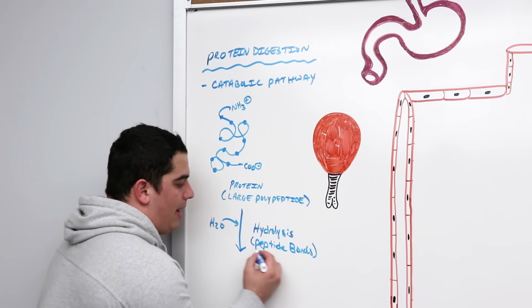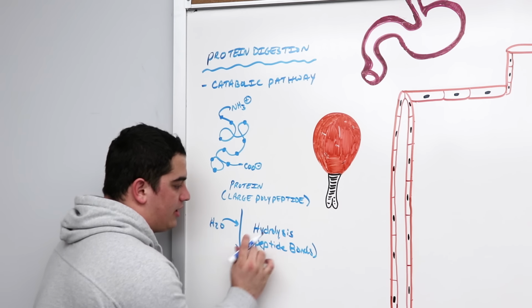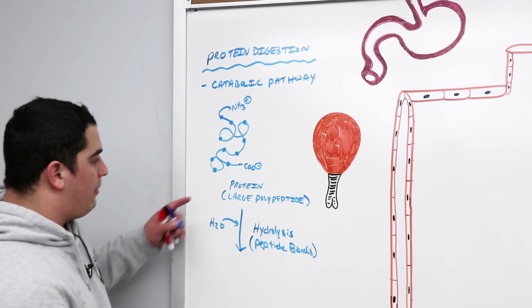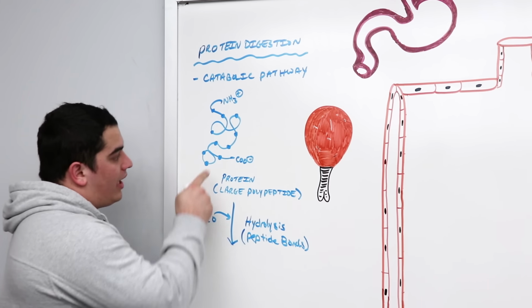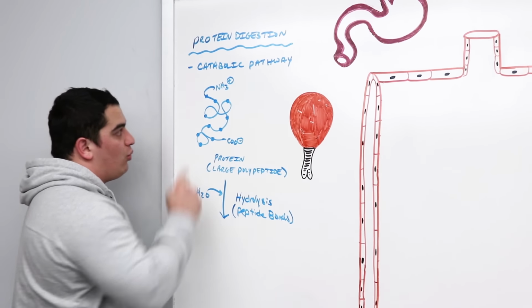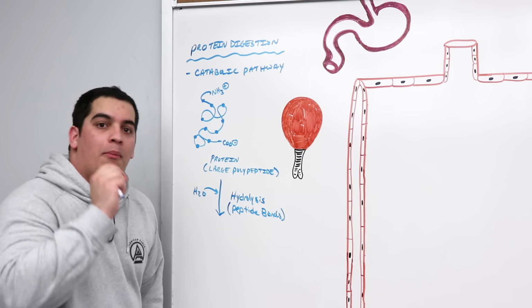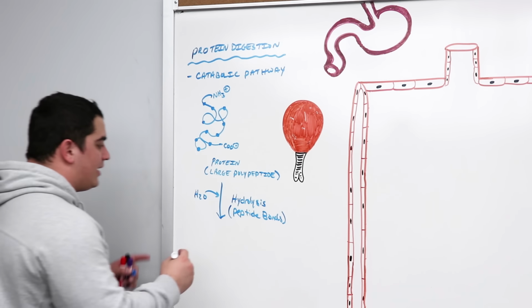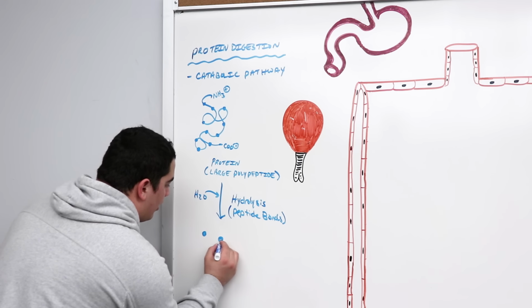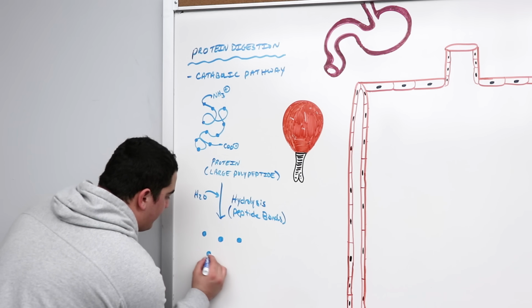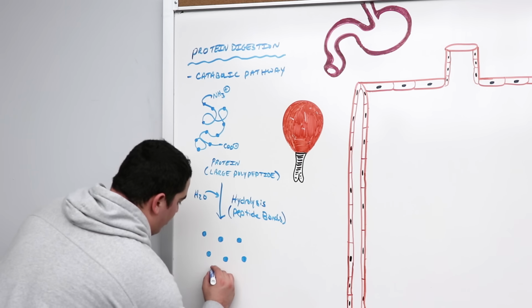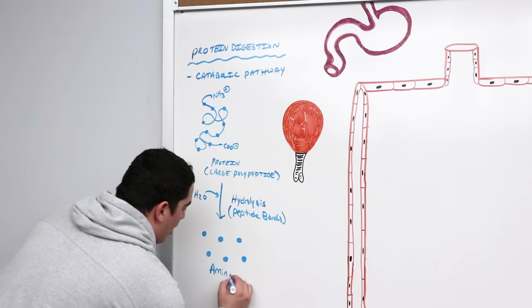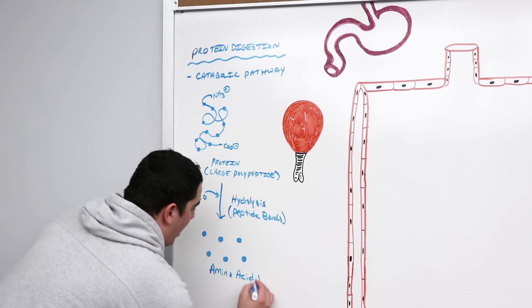We'll talk about which peptide bonds we're breaking when we get into the specific enzymes. But here's the basic thing: we're going to take this big protein, this large polypeptide, and break it down into each individual monomer, these little dots, which are your amino acids.